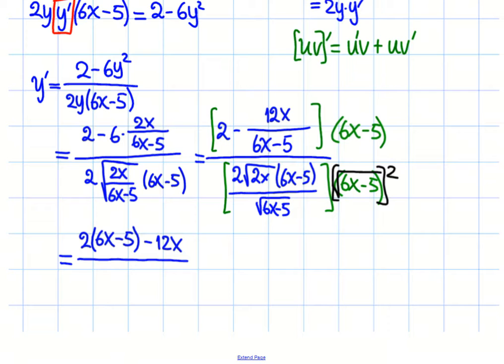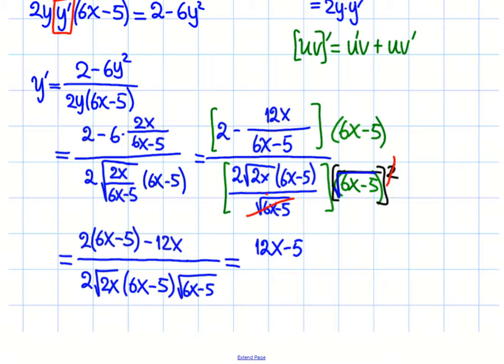So in that case, we'll cancel the 2, the square, with that. So the bottom we will have 2 times square root of 2x, 6x minus 5, and then there is the square root of 6x minus 5 left. So on the top, multiply now 2 times 6x minus 5 minus 12x.